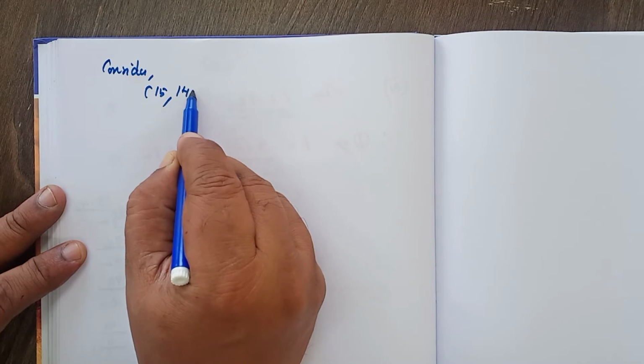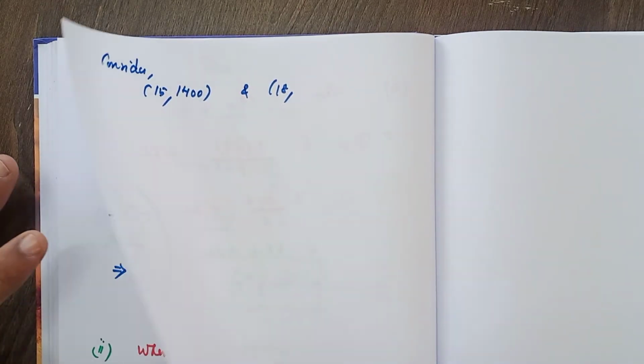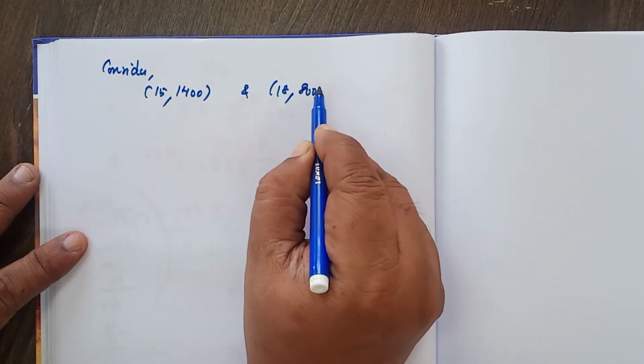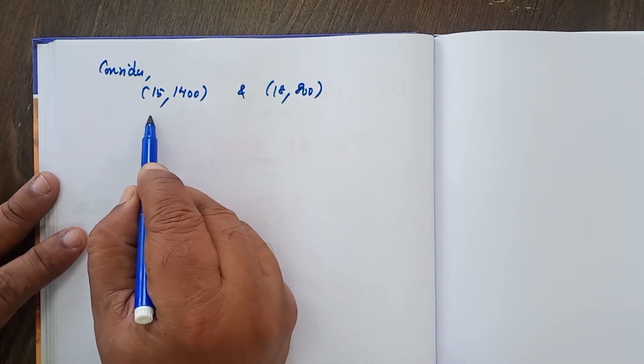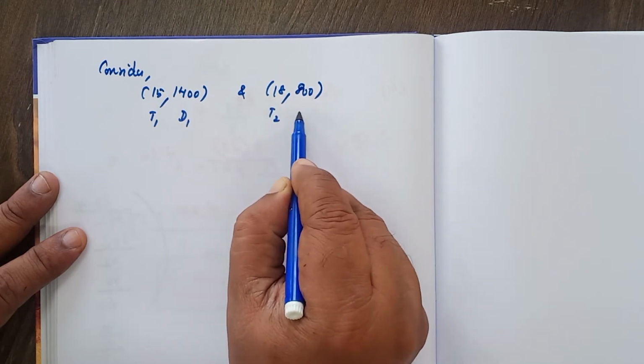15, 1400 and 18, 800. Here the 15th second is t1, d1, and then t2, d2.